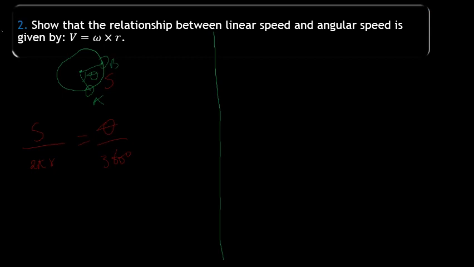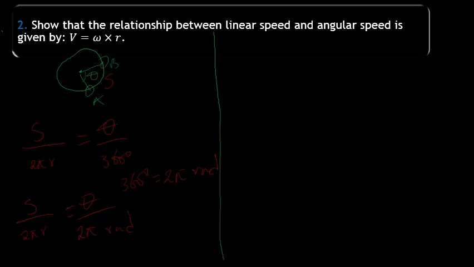So what do we do now? We recognize that 360 degrees is equal to 2 pi rad. Just plug that in, so instead of writing 360 degrees, we write 2 pi rad.